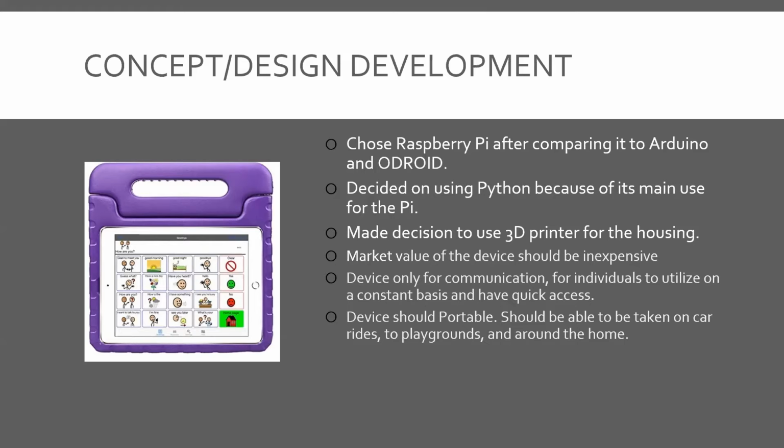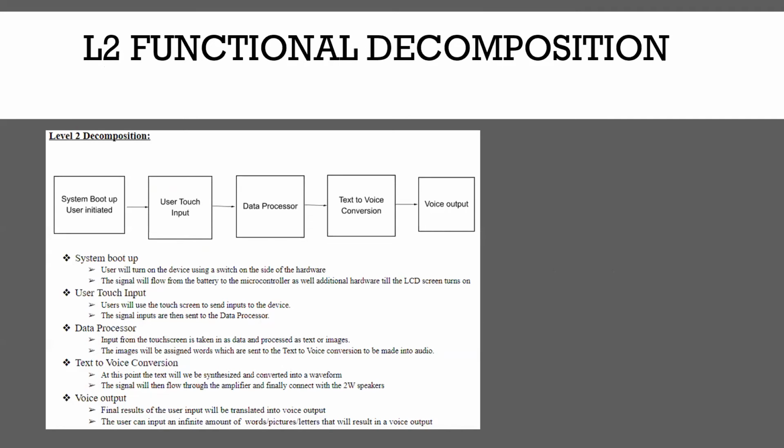Next, I will discuss the level 2 decomp. For the level 2 decomposition, the signal will start by booting up the system via a button, like most tablets. Next, input will be read via touch because the tablet has a touchscreen, and this will be sent to the data processor.